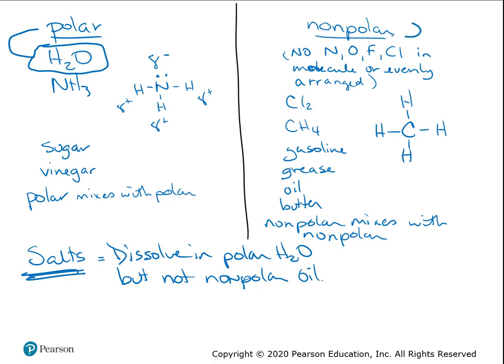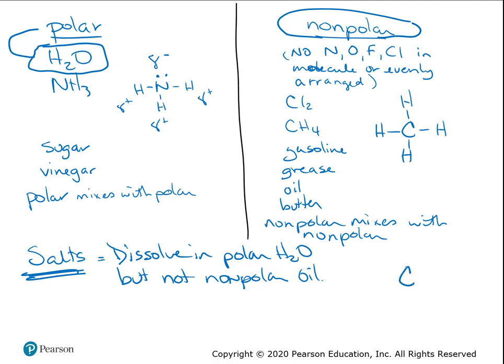But non-polar. Remember, non-polar means there's no nitrogen, oxygen, fluorine, or chlorine. If there are those, they have to be balanced in the molecule. So there's either none of the electronegatives, or if there are, they create a balance in the molecule. So something like chlorine, Cl2.